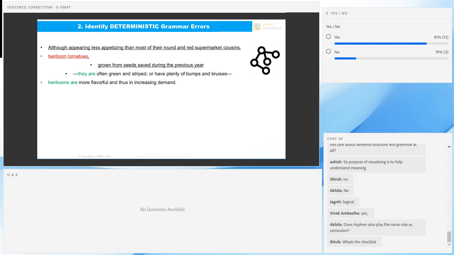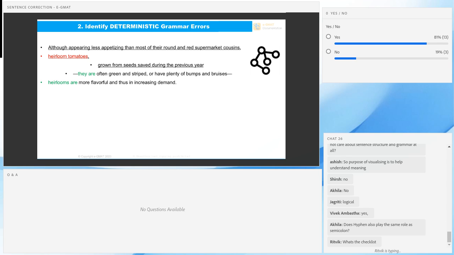Again, GMAC is not testing you on whether you are grammarians or not. GMAC is testing you on whether you can communicate the meaning in an unambiguous manner. Okay, Ritvik, the checklist is subject verb errors, pronoun errors, modifier errors, parallelism errors, idiom errors. That's the checklist, right?